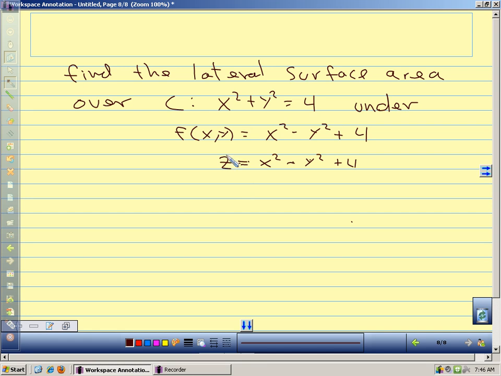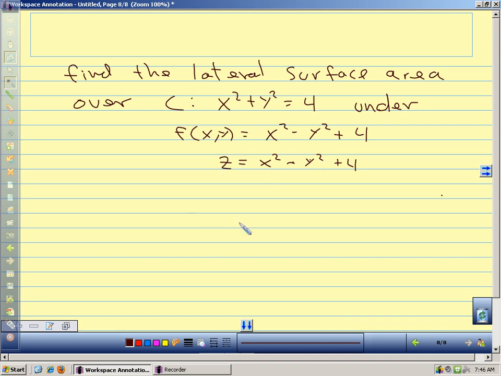So what this question is asking us is, on this curve, this is the height. We can think of z as the height above the curve. This is our height above the curve.